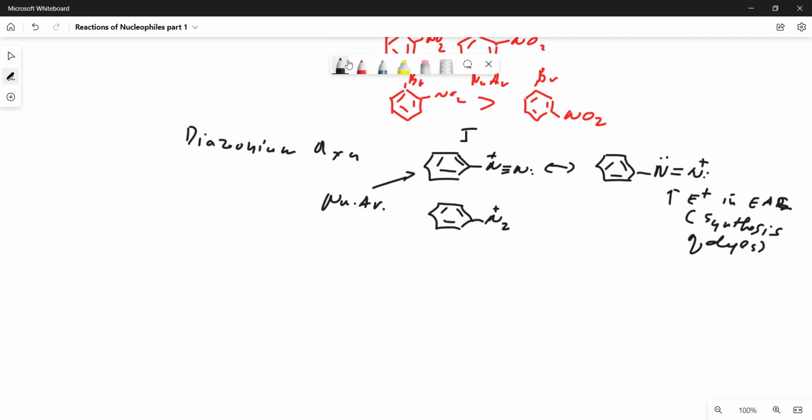But first, how is the diazonium salt produced? Diazonium can be produced from aliphatic primary amine, like methylamine, or from aromatic primary amine.